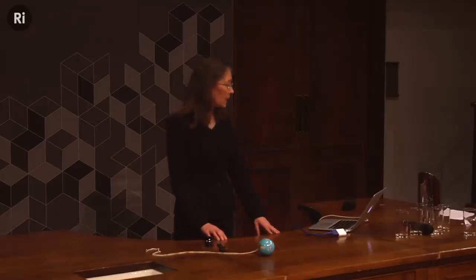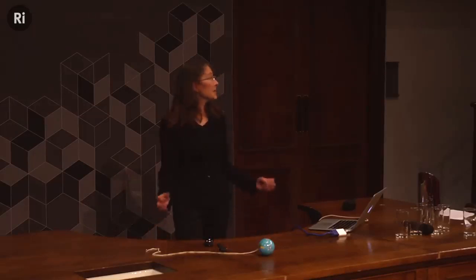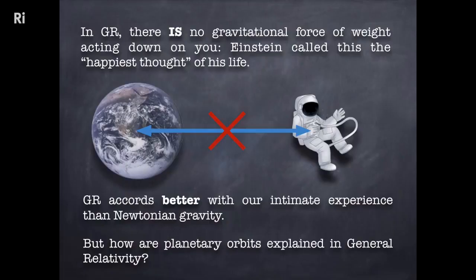However, I claim that if you free your mind from analysis and learnt theories, the only force that you can actually feel is the force of pressure pushing you up. And you do not feel any force pulling you down, even though the Newtonian theory says that force is there. And indeed, in general relativity, there is no gravitational force of weight acting down on you.